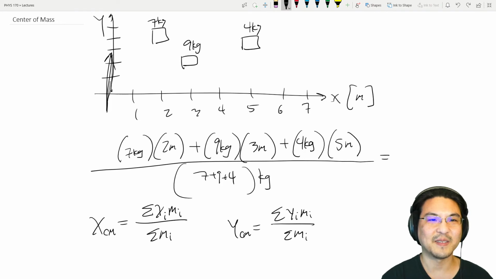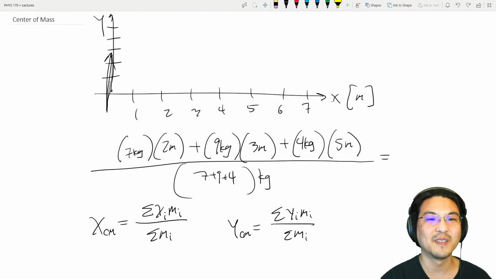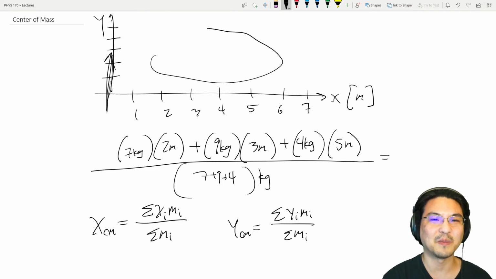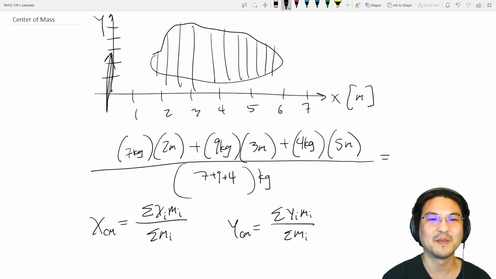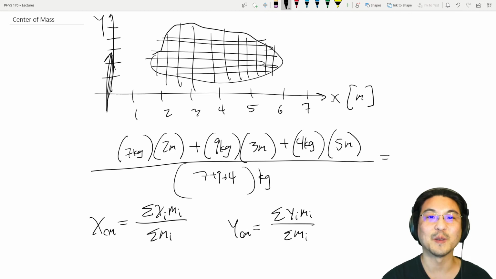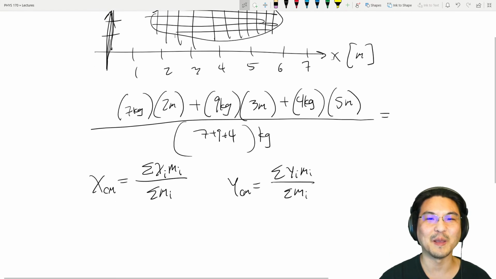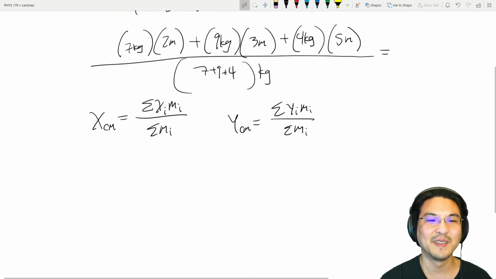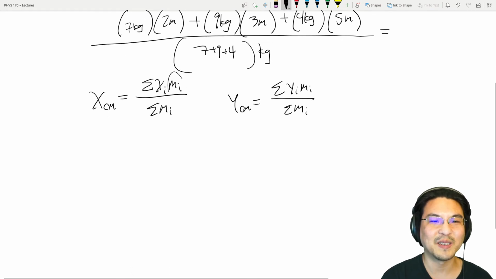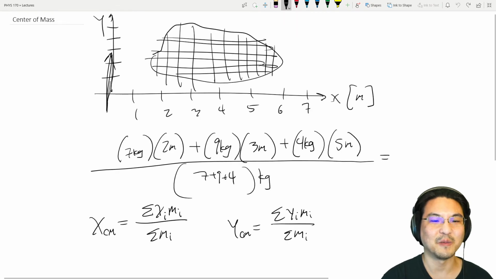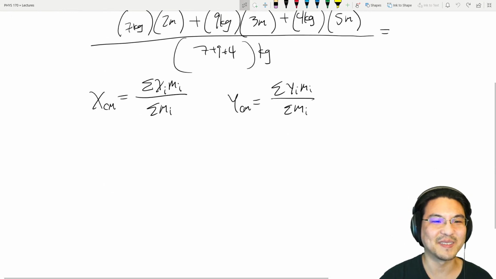Let's say you have, instead of 3 boxes, some object that looks like this. And then we split it into very small chunks, infinitesimally small, where you take the limit as they approach 0. So instead of discrete masses with discrete positions, we use some calculus.